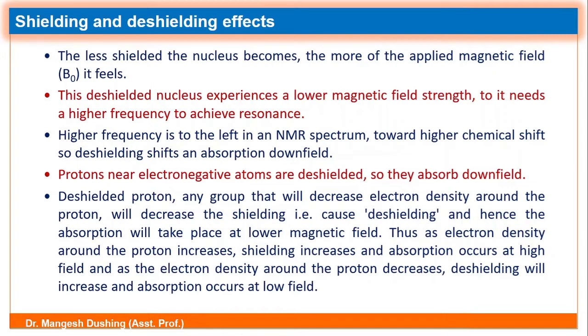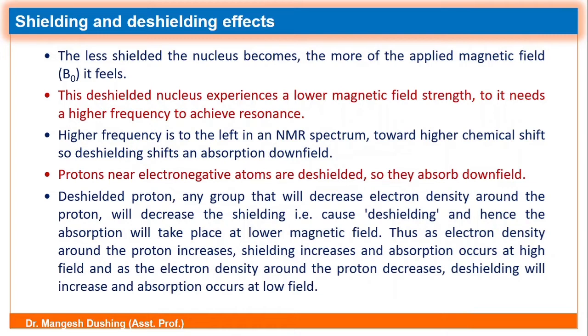There will be a shifting of peaks towards the up field. We require a high field to excite these protons from the lower energy level to the higher energy level. But if protons are surrounded by minus I effect or minus R effect groups or atoms, those decrease the electron density around that nucleus. Because of that, the induced magnetic field of the electrons also decreases.